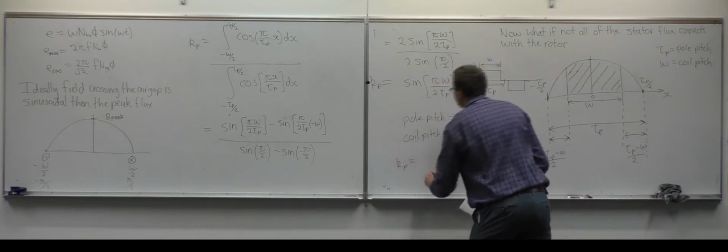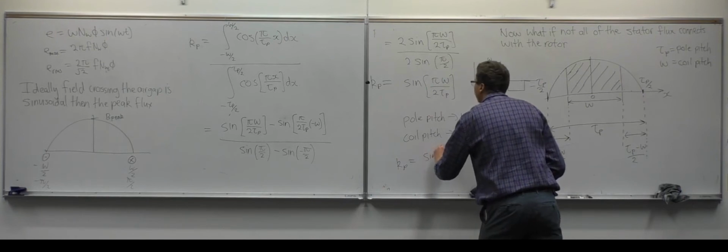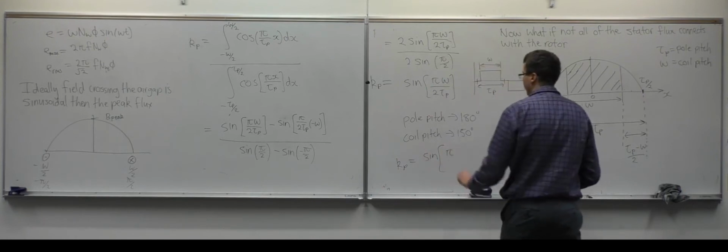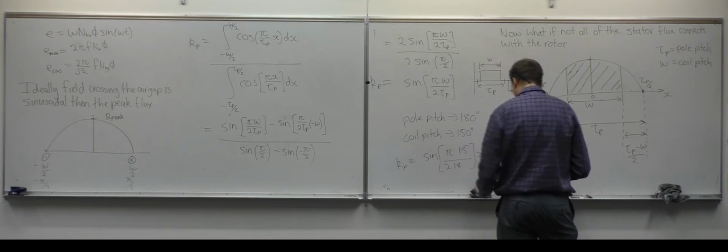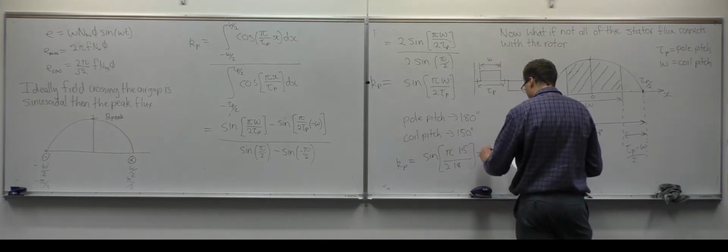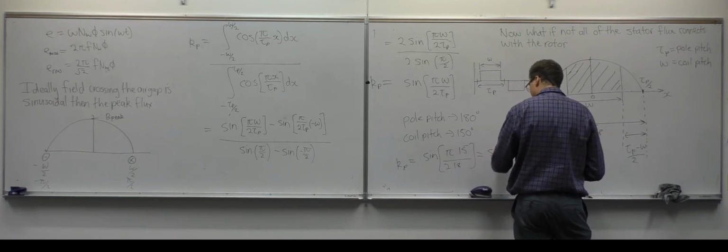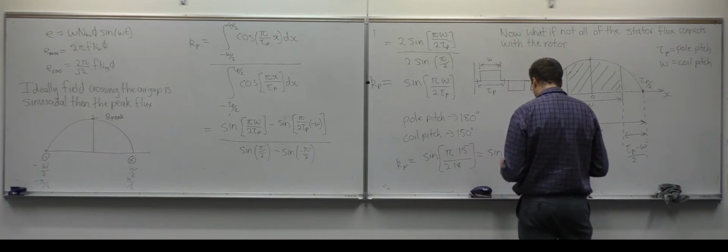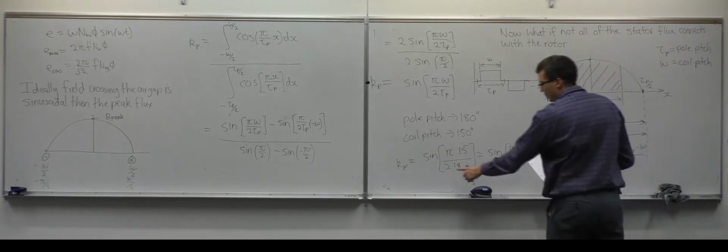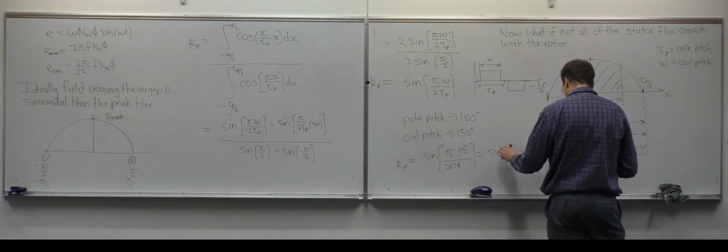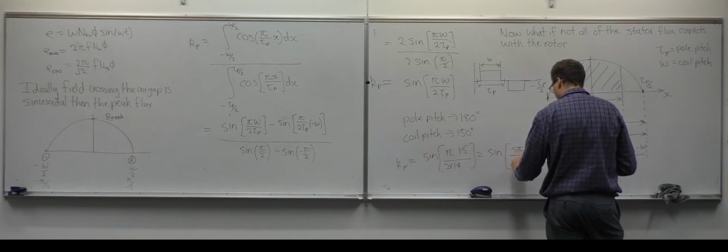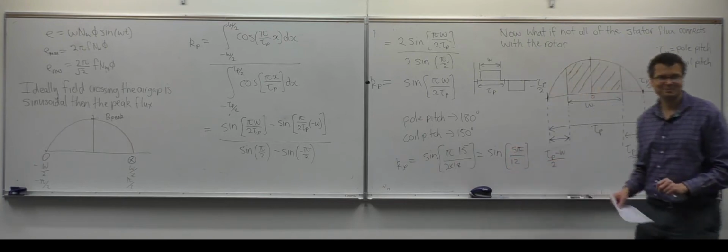So then, using this formula, we have Kp equal to sine pi 150 divided by 2 times 180, which gives us sine 5 pi over 12, which is what we got from that Fourier analysis.